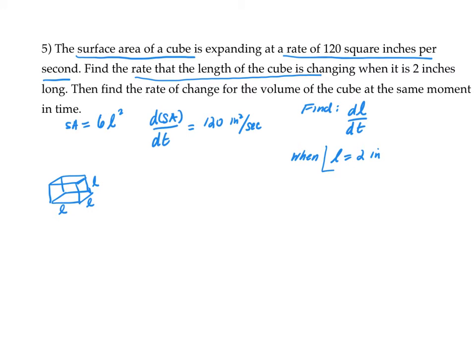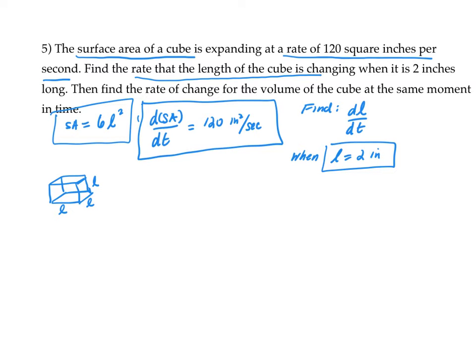Okay, so length equals 2 inches is a given. The rate of change of the surface area with respect to time is a given. The surface area formula is a given, although we had to kind of figure that out. All right, so the first thing that we're going to find is dL/dt, and then we're going to follow it up with a second problem, essentially, where we're going to find the rate of change for the volume of the cube.